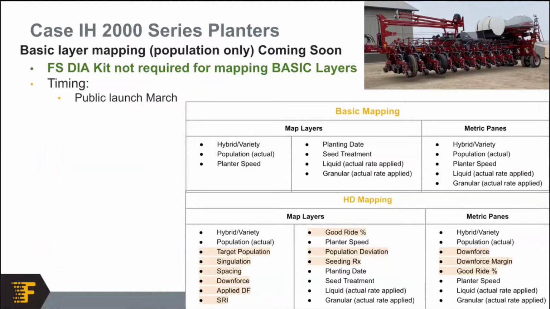But if you're not trying to get those maps in Climate or not too worried about that, this new update would give us the basic layers, such as hybrid population, planter speed, and planting date. So you'd be able to have those basic maps that you would get from other planters, that we already have with Case, like the 1200 series.